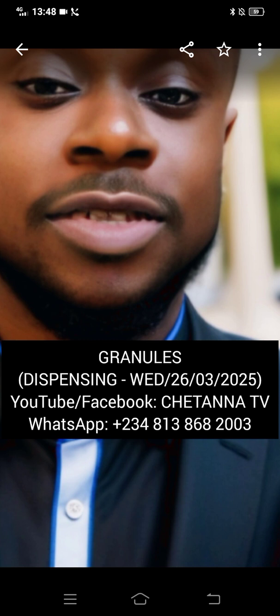So in that process, see what happens. That cassava starch, you have pressed it, the water is gone, it's dry, and you pass it through a mesh.